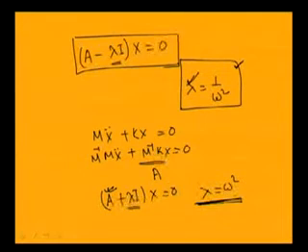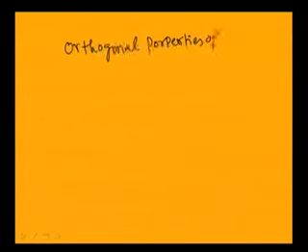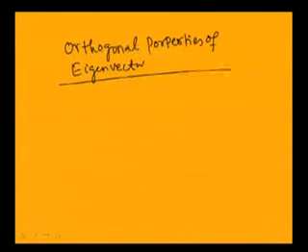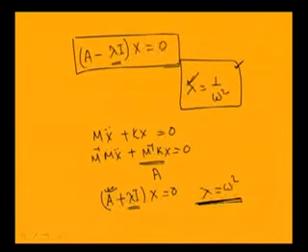So, let us see the orthogonal properties of eigenvectors. We have already seen that the eigenvalues correspond to the square of the natural frequency, and the eigenvectors correspond to the normal modes of oscillation of the multi degree of freedom system.